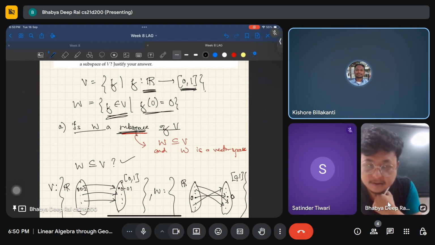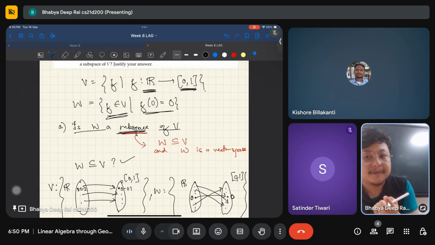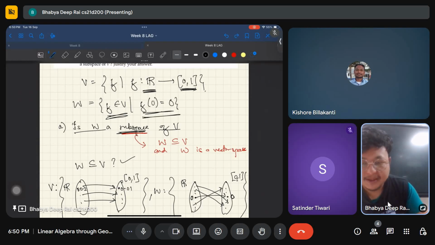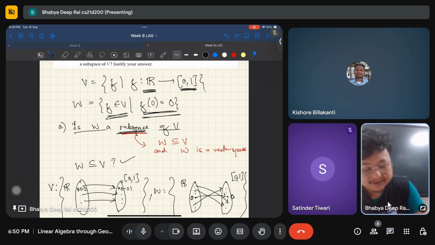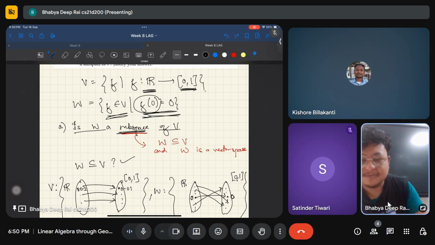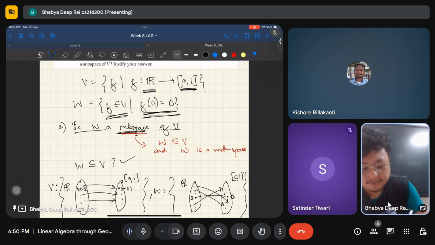Additionally, it has this condition, but it's not everything in V. It's only those functions in V which take 0 as input and output 0 as output. So if you do f of 1, then it may give you something else. That's fine. But f of 0 will always give you 0.